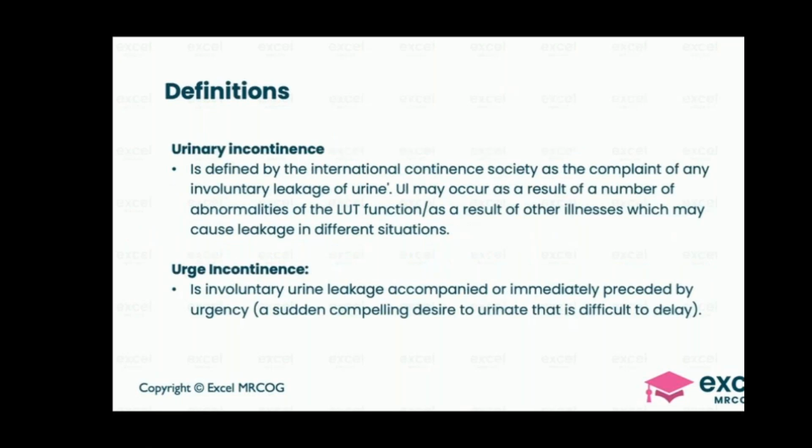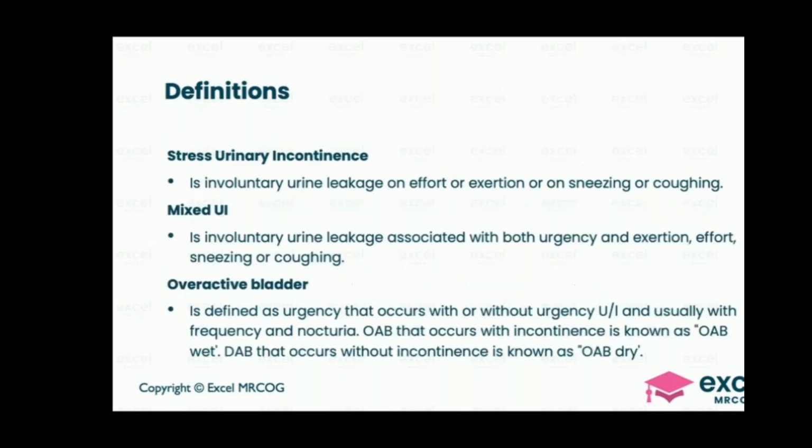Now, so basically, urinary incontinence as defined by the International Continence Society is the complaint of any involuntary leakage of urine. It is usually of two types, that is urge incontinence and SUI. SUI is where there is increase in abdominal pressure because of exertion or sneezing or coughing that can result in leakage.